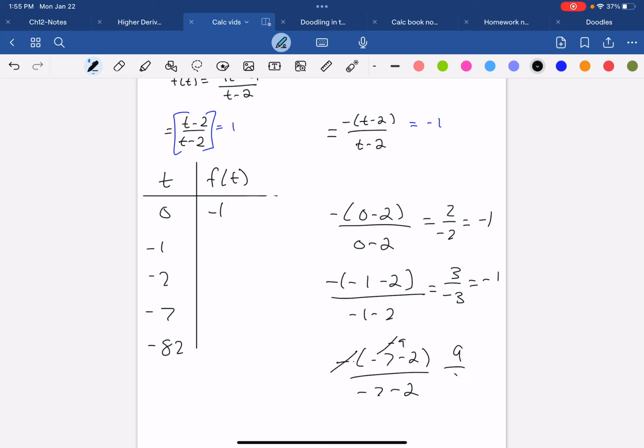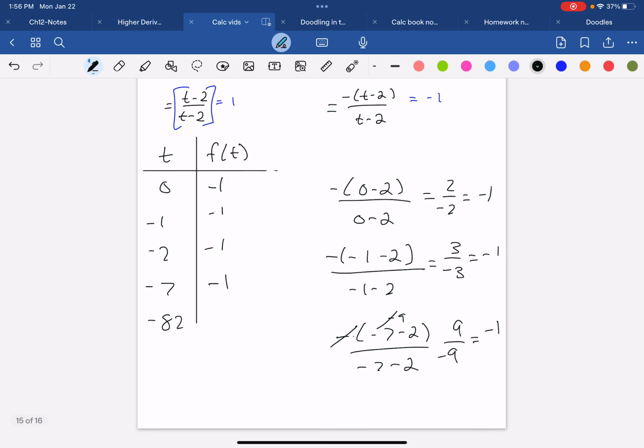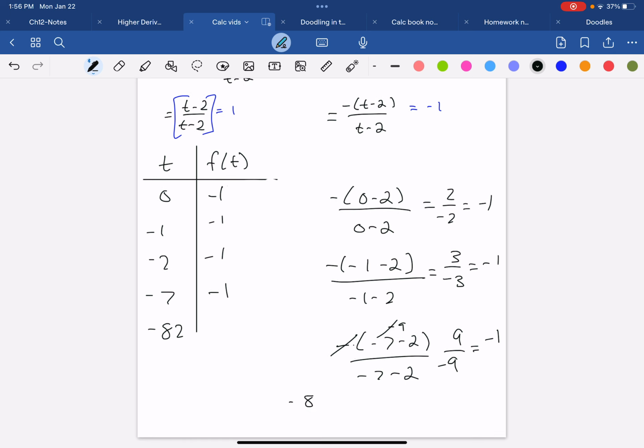So I have 9 over -9, which is equal to -1. So as you can see, I'm just getting -1, and we'll double check this again for -82 minus 2. So you get -84 over -84, but we have that negative on the outside. So again, this is just -1.